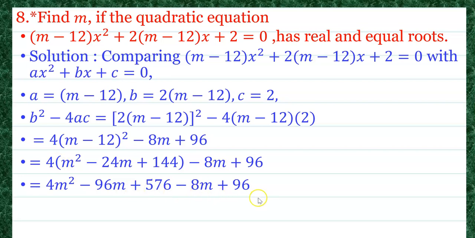Minus 8m plus 96, simplify that again: 4m square minus 104m plus 672.